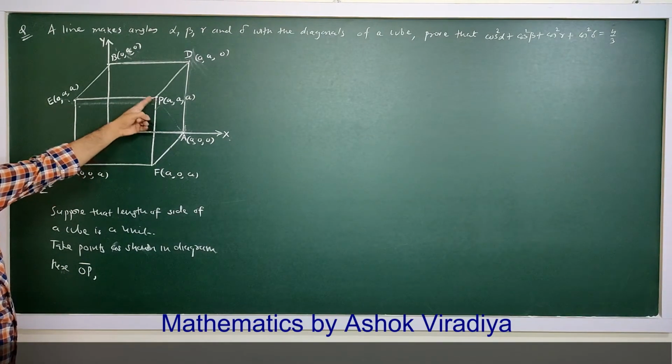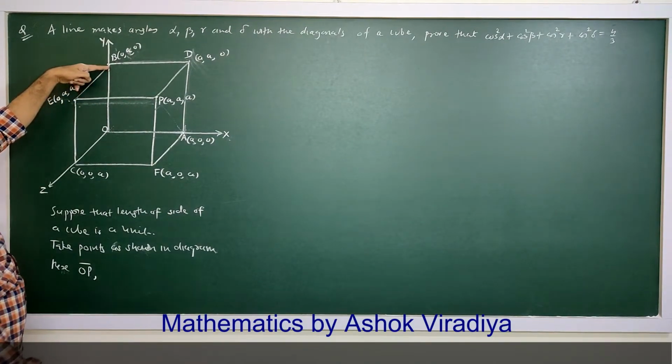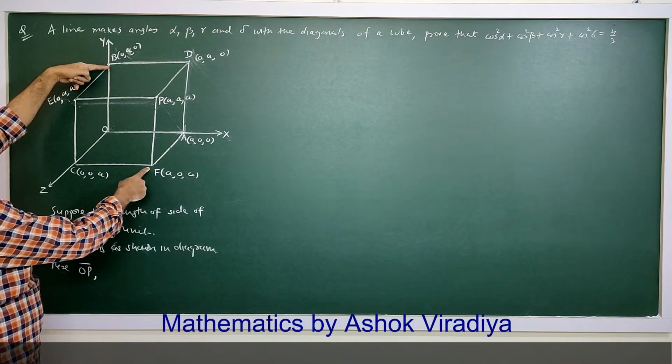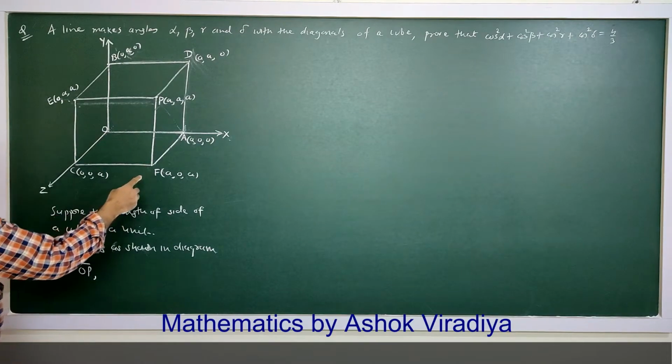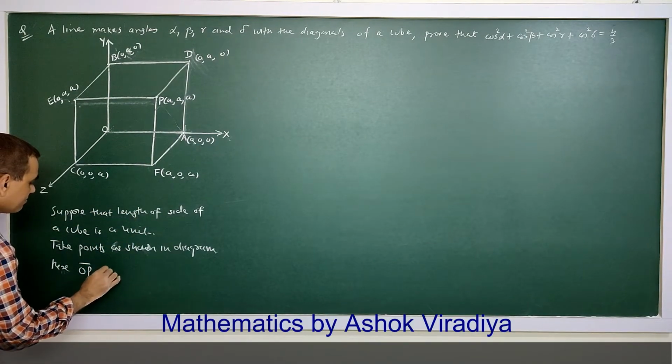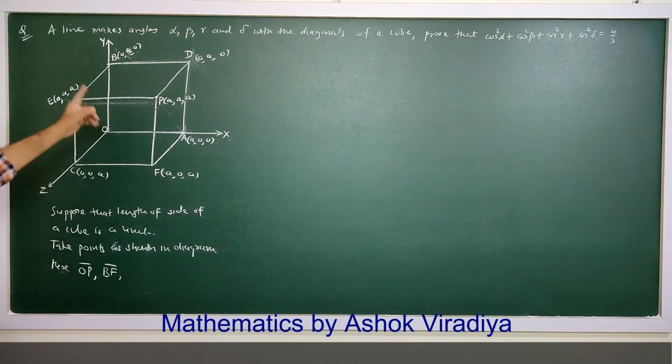OP. Then opposite to B, a point is F. So BF is the second diagonal. OP, BF.